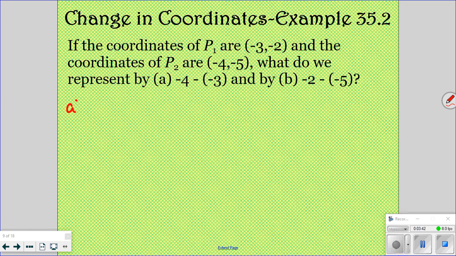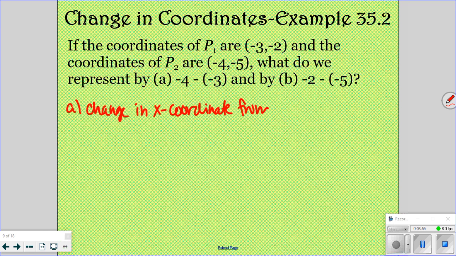For A, it's going to be the change in -4 and -3 are your x values, so it's the change in your x coordinate. And then we always start here. -3 is P1, so from P1 to P2. And then for part B, it's going to be the change in -2 and -5 are your y coordinates.